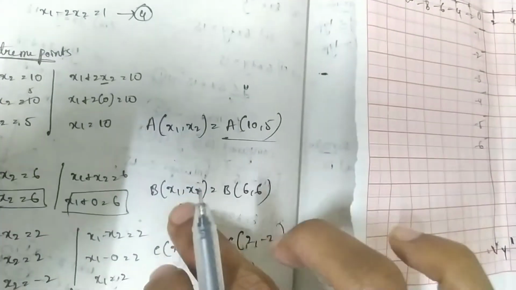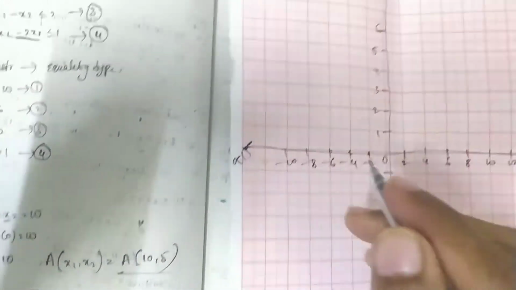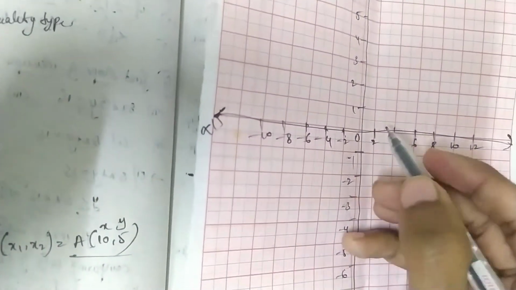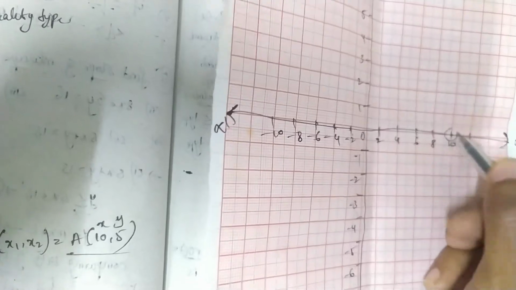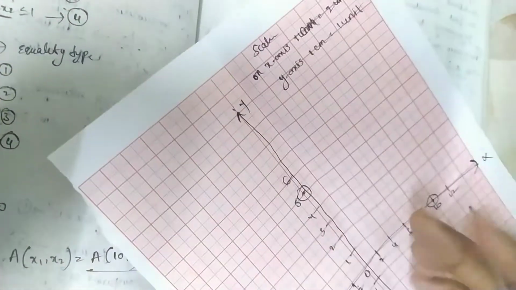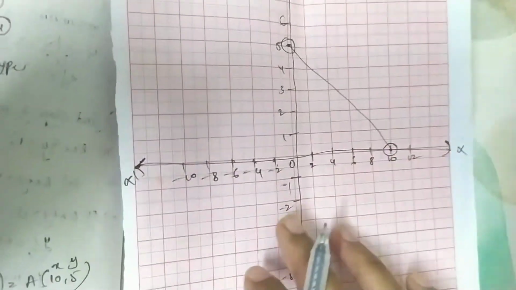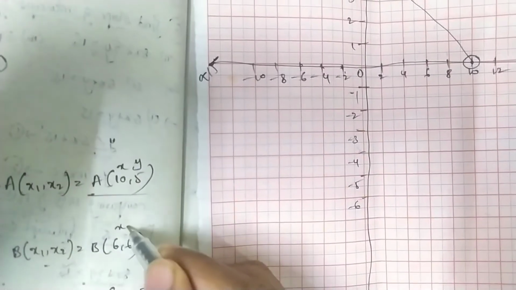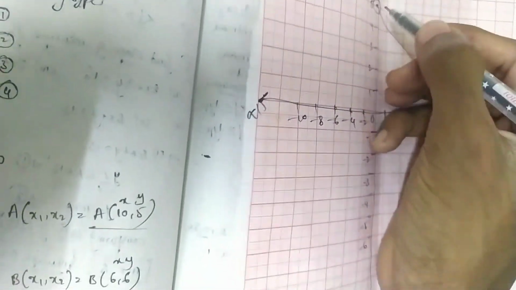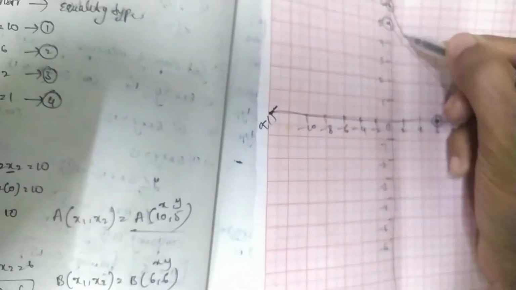Here we have to denote these extreme points in this graph. Here A of 10, 5: this is x and this is y. So in x we denote 10, and in y we denote 5. We intersect these 2 points. And B of 6, 6, that is x is 6 and y is 6, so we intersect these 2 points.